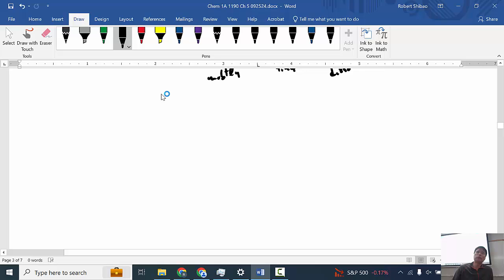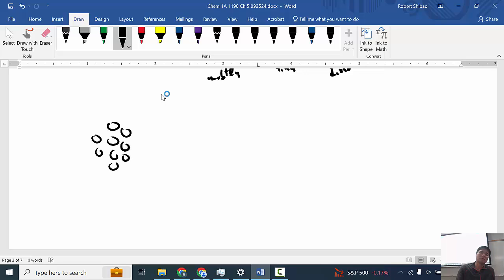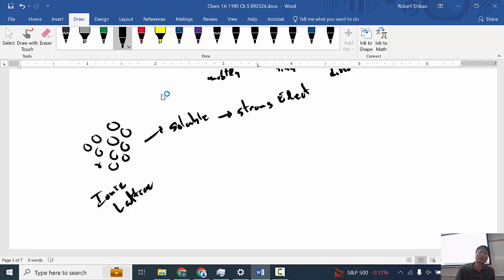We have 2 types of lattices. We have the ionic lattice. If it's soluble, then we have a strong electrolyte, and it breaks up into ions, aqueous ions in solution.